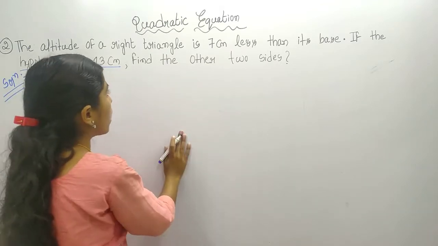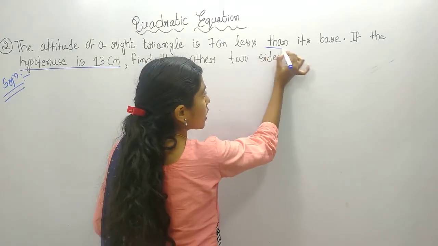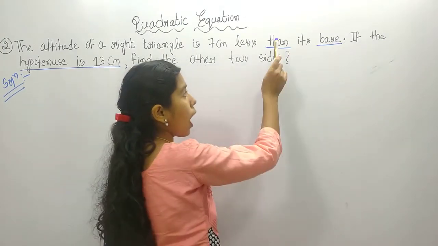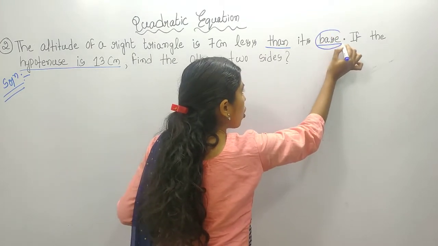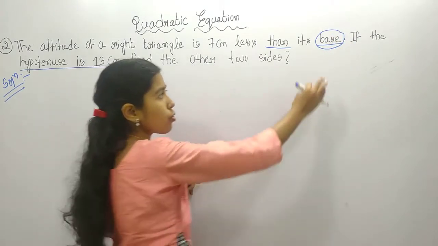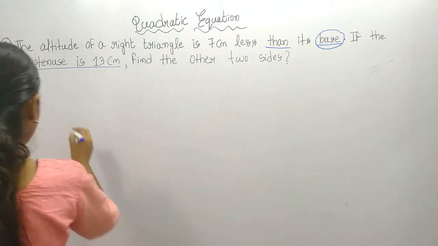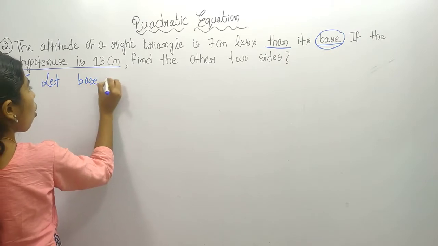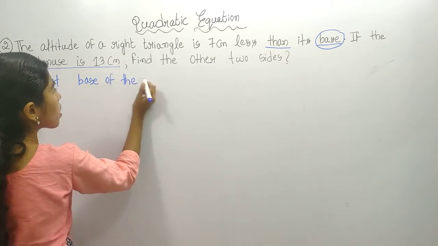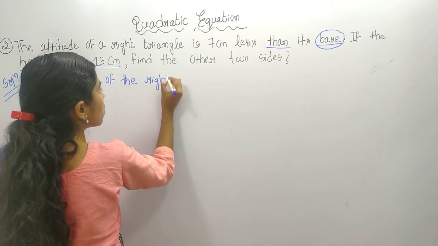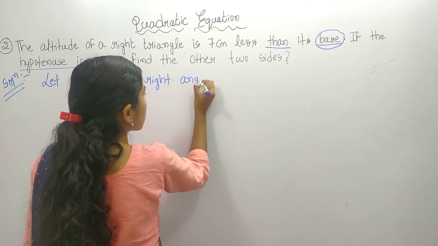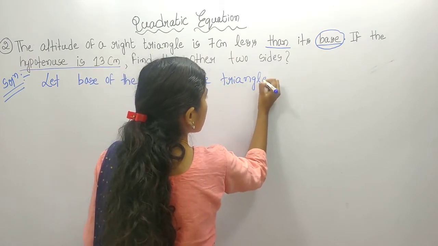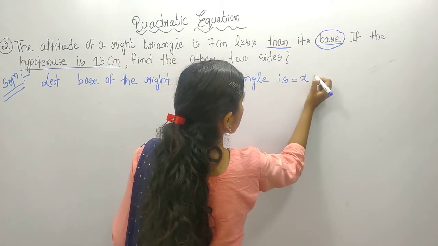Okay. So here you see, after "than", whatever is present, you have to take as x. So here base is there. So let the base of the right angle triangle be equal to x cm.